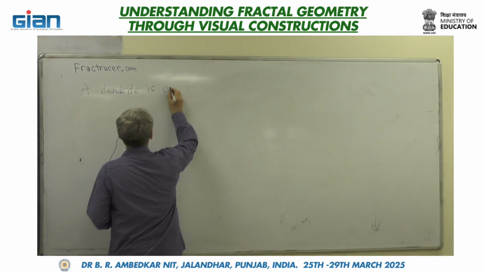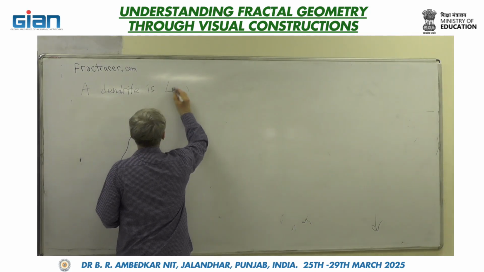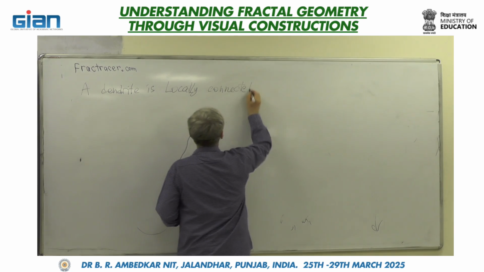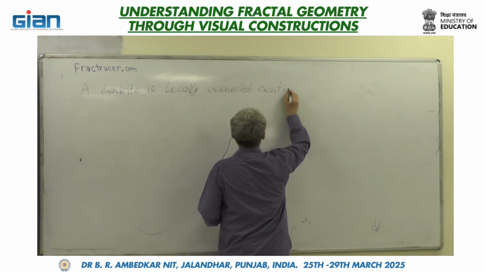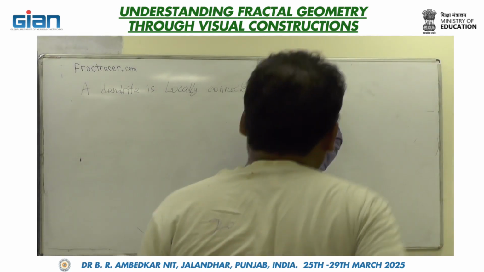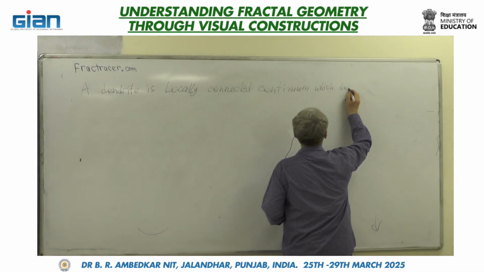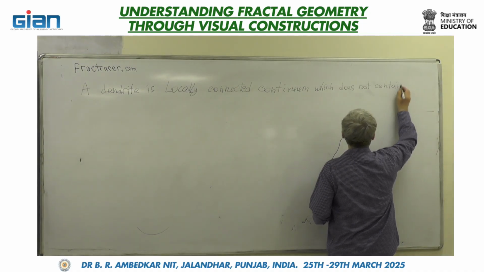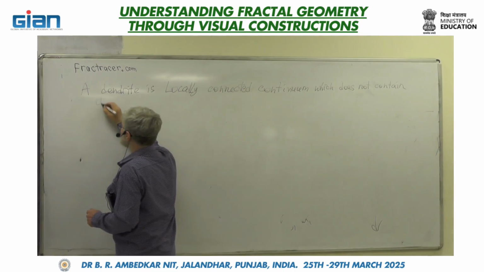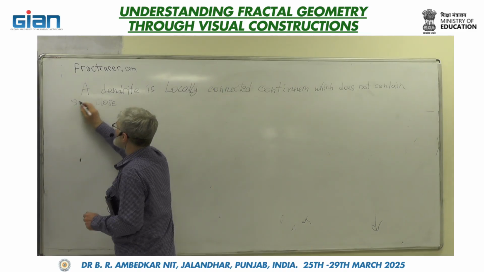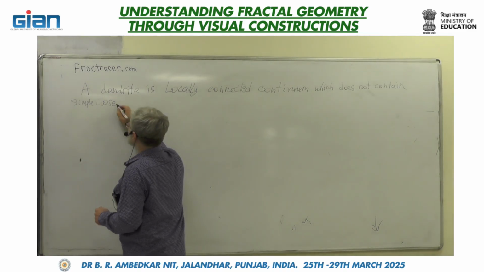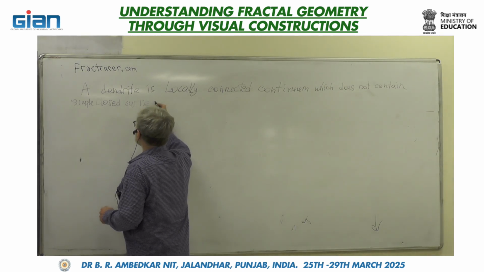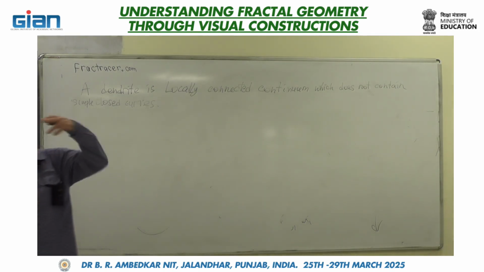A dendrite is a locally connected continuum which does not contain closed simple closed curves. So a dendrite is an acyclic continuum.